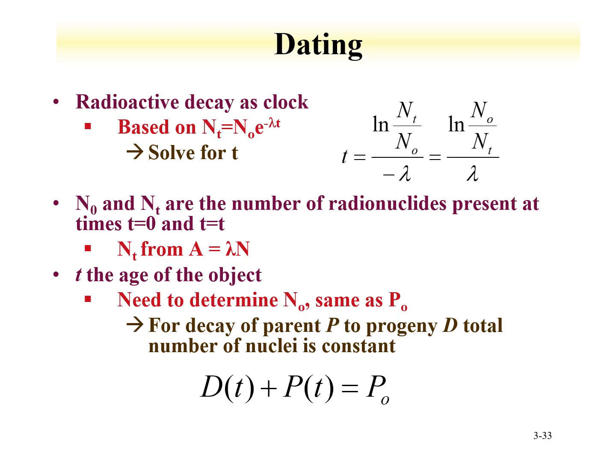For the nomenclature, we will use P for parent and D for the progeny. D, daughter in this case, but we'll state it as progeny.